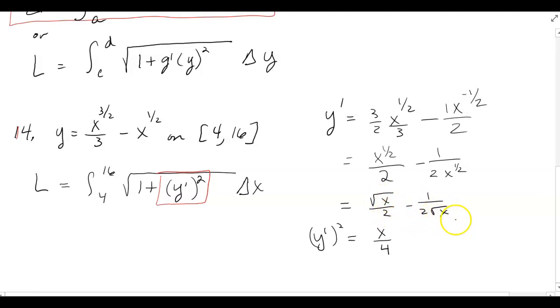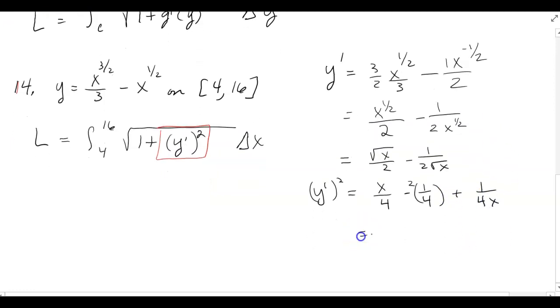They cancel, and you have negative 1/4, but then you double it, since we're squaring a binomial, and plus 1 over 4x. So that ends up being x over 4 minus 1/2 plus 1 over 4x.